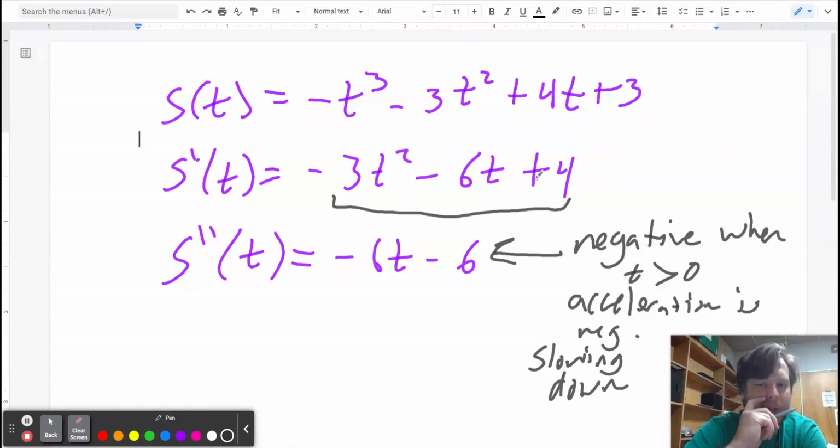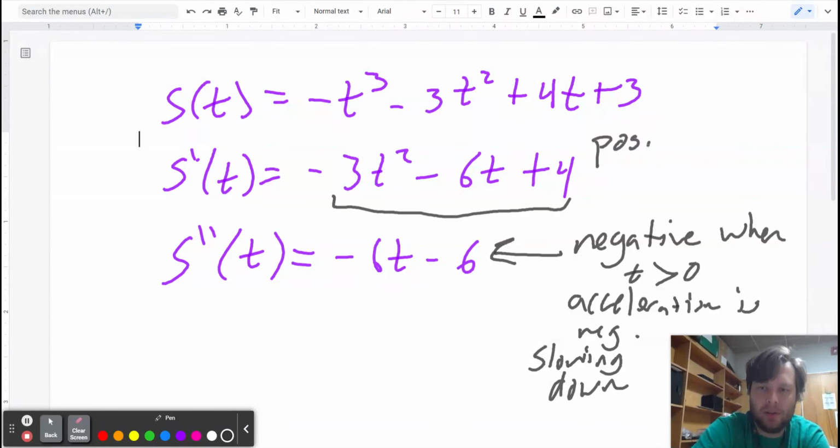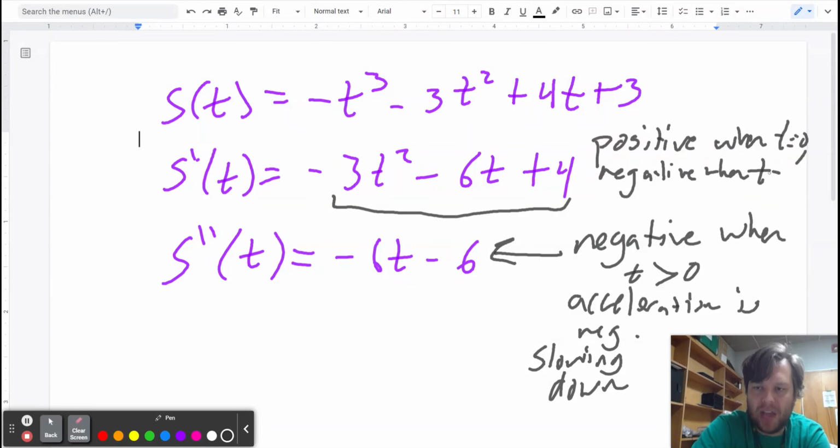Okay. Then when I look here at this first derivative, it's positive when t equals 0, and then when t is equal to 1, it's negative. And so I know that the velocity is positive when t equals 0, and it's negative when t equals 1. Of course, I could figure out when it's exactly 0 by using the quadratic formula or something.